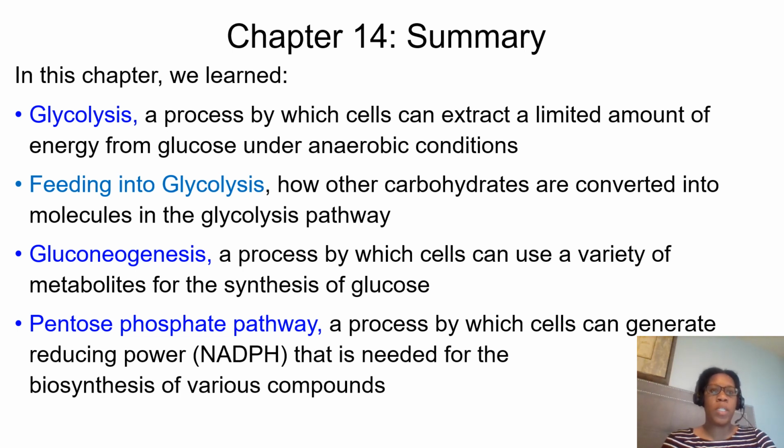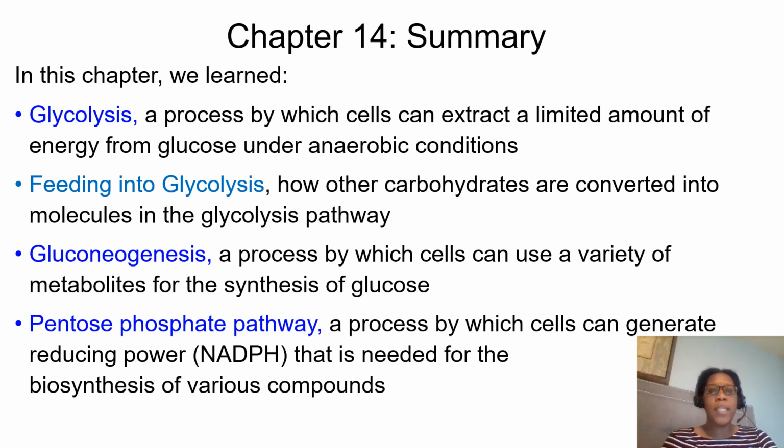Then we learned about feeding into glycolysis, how other carbohydrates or disaccharides or polysaccharides are converted into molecules that enter the glycolysis pathway. Then we learned about gluconeogenesis, a process by which cells can use a variety of metabolites to synthesize glucose.